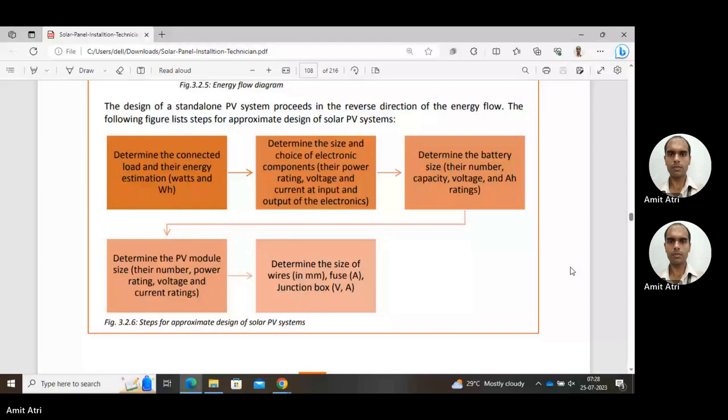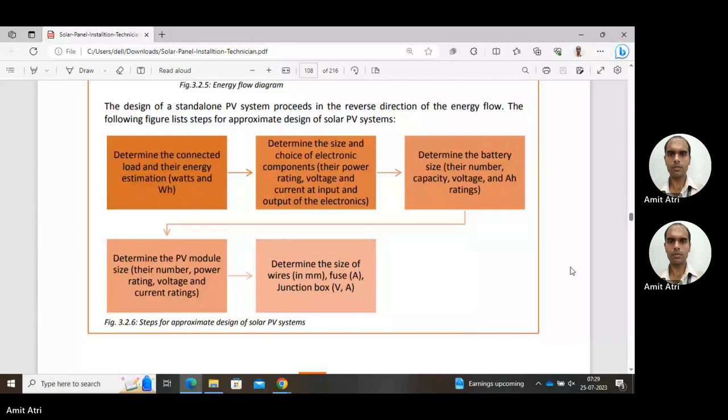The next step, determine the size and choice of electronic components. Which parameters? The power rating, voltage, current, at input and output. These parameters we have to determine for the power electronic components. So the inverter, we can decide in this way.